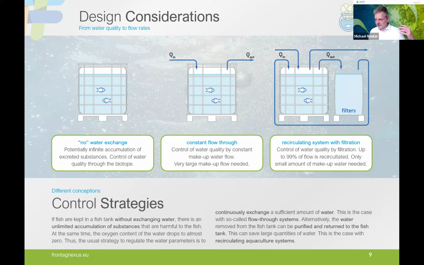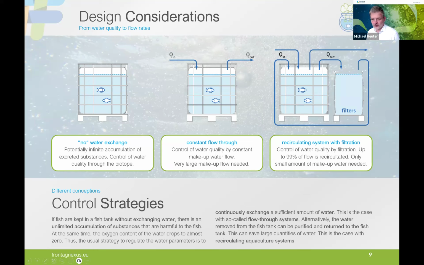But if we are looking at it a little bit more generally, there's no real water exchange, and we could expect that the waste products from the fish will accumulate infinitely in the system. But as we have a biotope linked to the pond that takes care of the waste products, we can control the water quality even without water exchange in a pond. But it has a price, and that's that we have to use it very extensively.